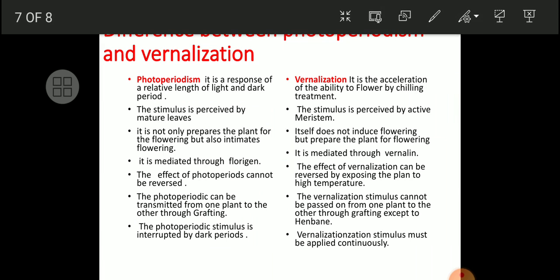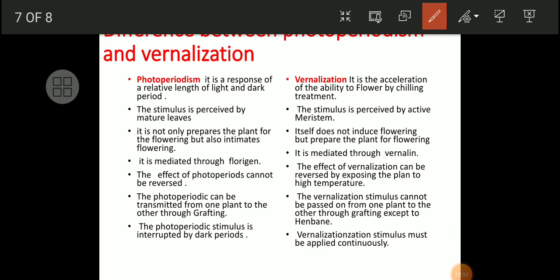Now friends, we have learned two very important processes which are taking place in the life of the plant, that is photoperiodism and vernalization. Now, what is the difference between these two that we have to learn right now?